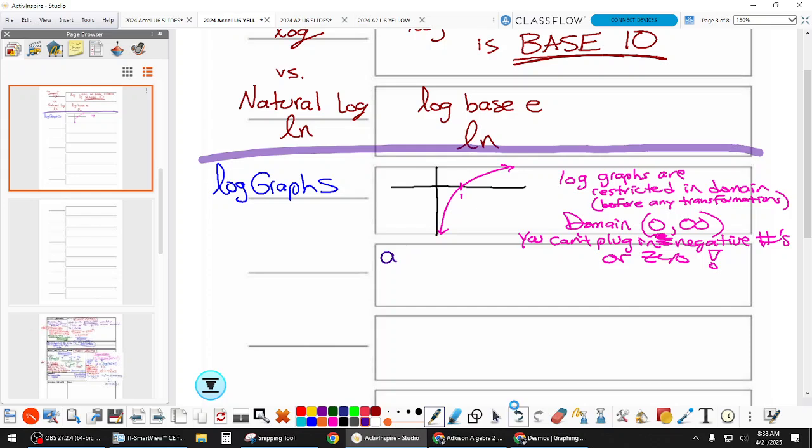Okay, in terms of transformations, oh, you know what, before we write that, over here, let's remind you that there's a vertical asymptote now, which is going to be at x equals h.